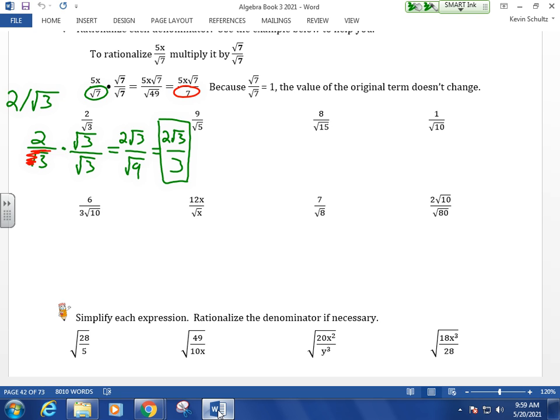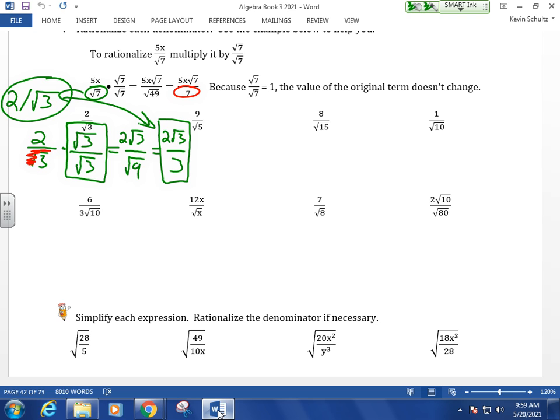Not only does root 3 over root 3 cancel the root, but it actually equals 1. When you multiply something by 1, the value doesn't change. So as long as you can verify that these decimals are the same, you did it right.